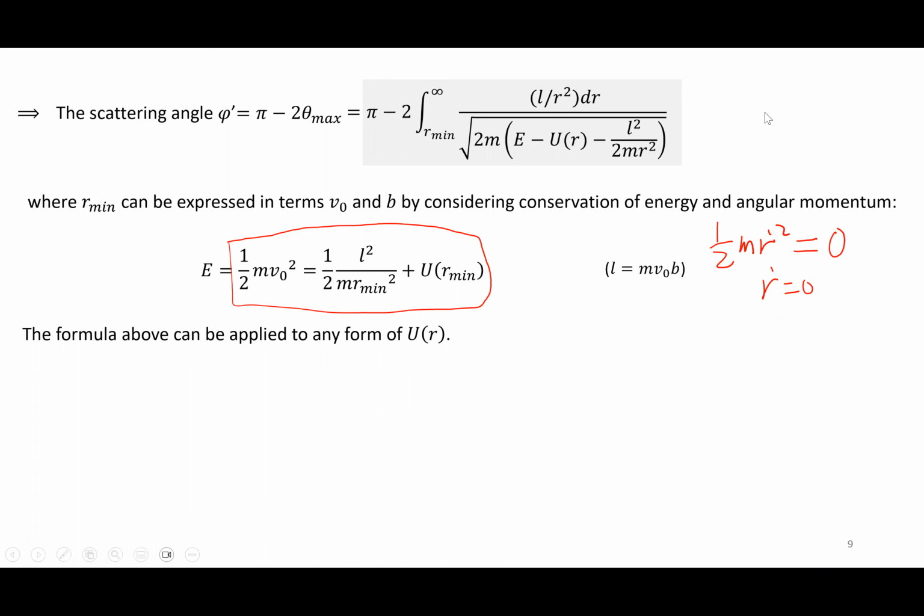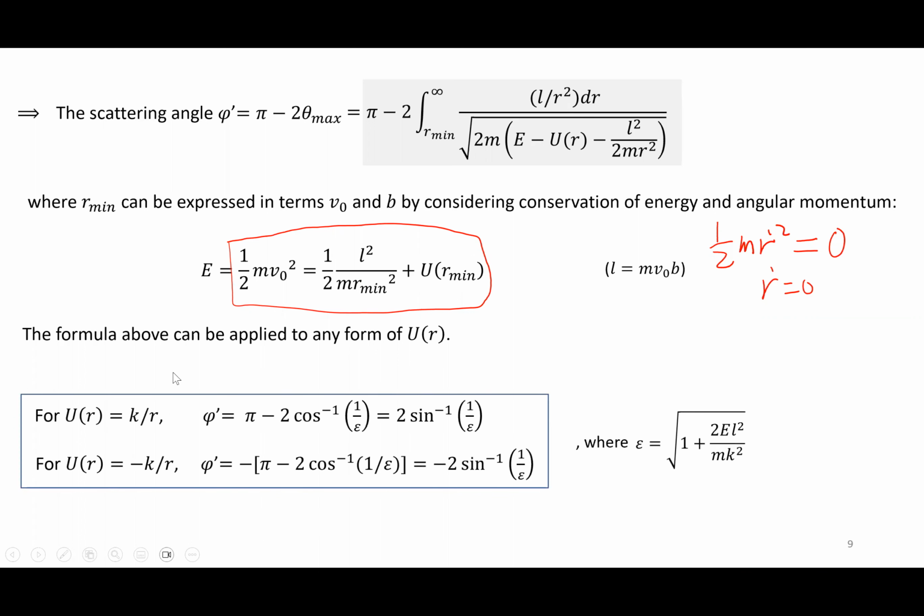Now, if I just consider the special case of 1 over r squared, it can be shown that phi prime is given by pi minus 2 arc cosine of this. So this integral is arc cosine of this one. I'll just leave it as an exercise for you.